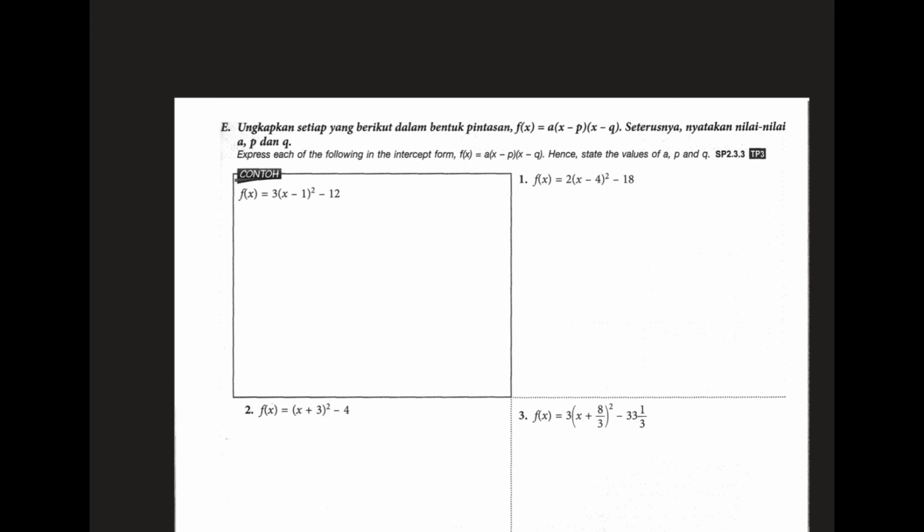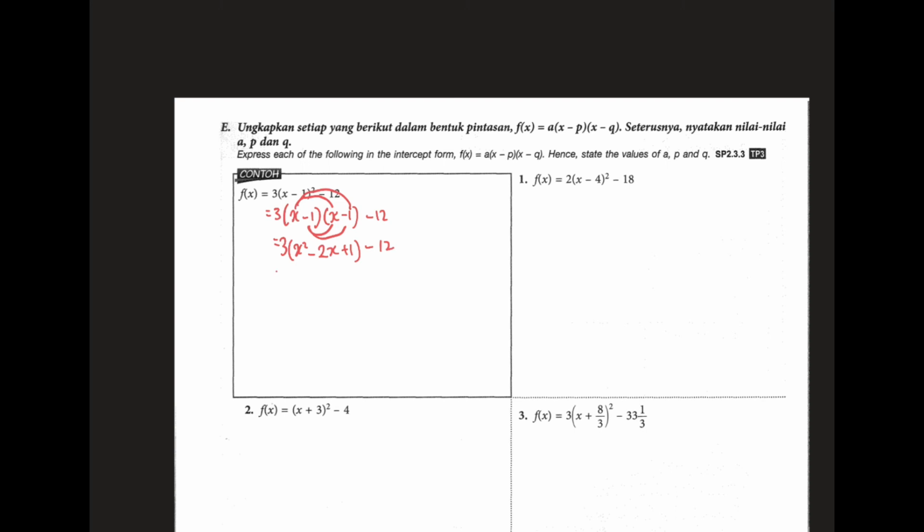Okay, so what we do is we expand it. (x minus 1)(x minus 1). And then you times x times x, x times minus 1, times x, minus 1 times minus 1. So you end up with x squared minus, straight away, minus 2x plus 1 minus 12.